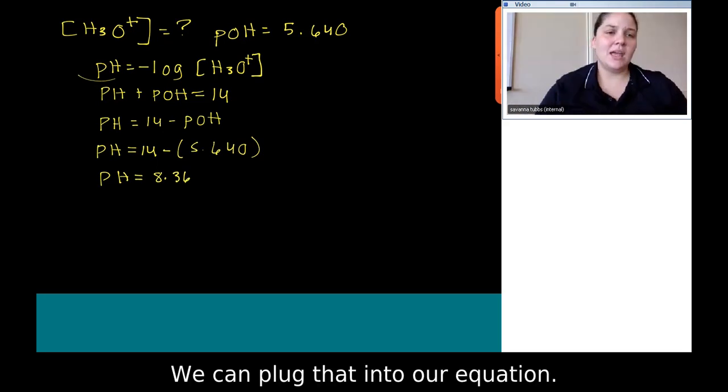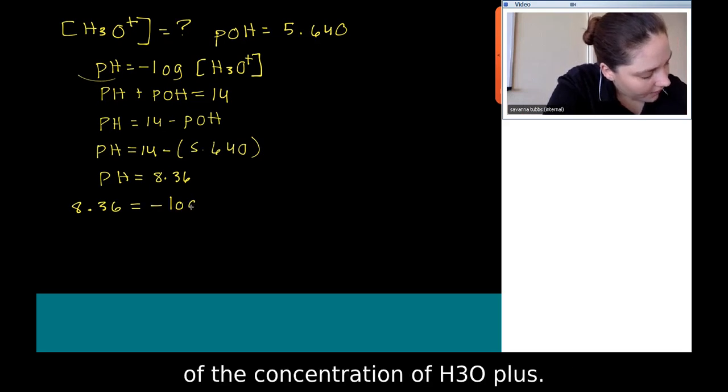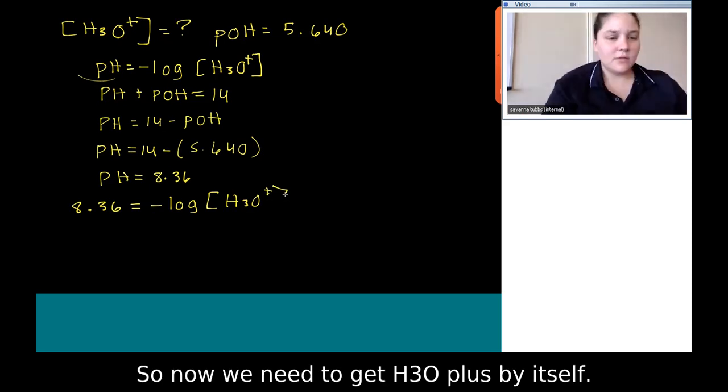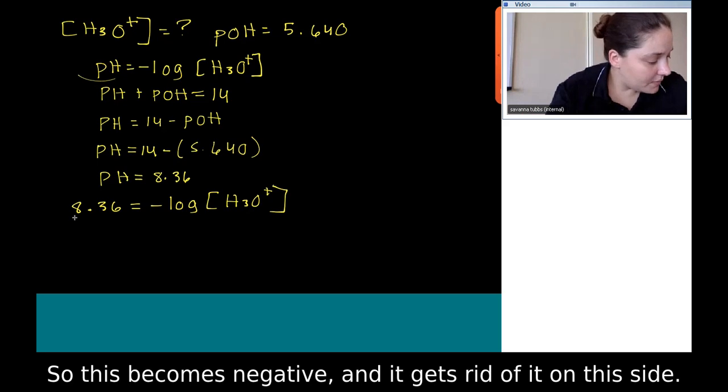We can plug that into our equation. So we say that 8.36 equals negative log of the concentration of H3O+. So now we need to get H3O+ by itself. So we can move the negative over, so this becomes negative and it gets rid of it on this side.